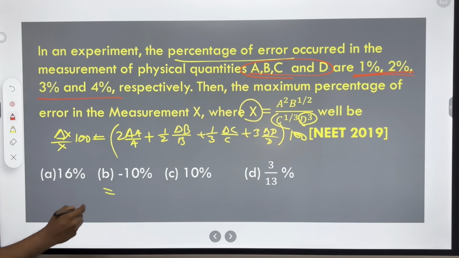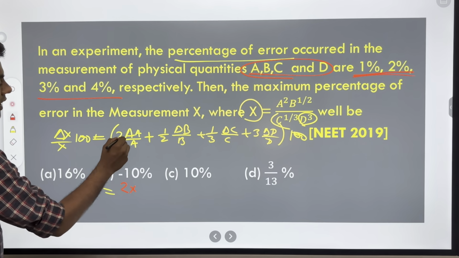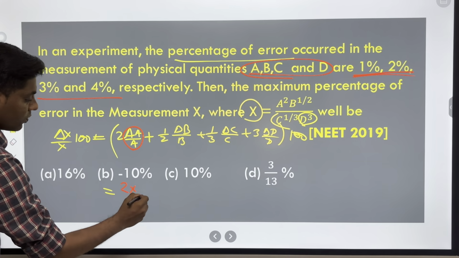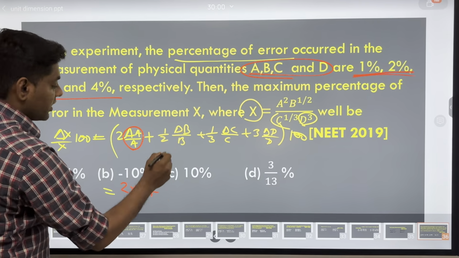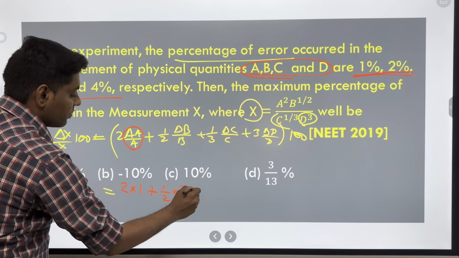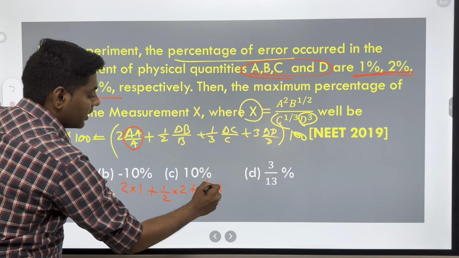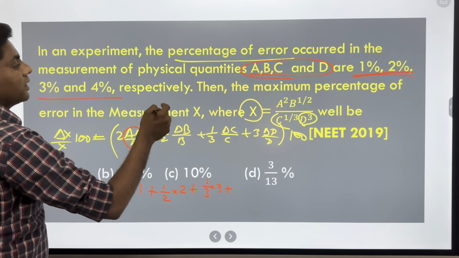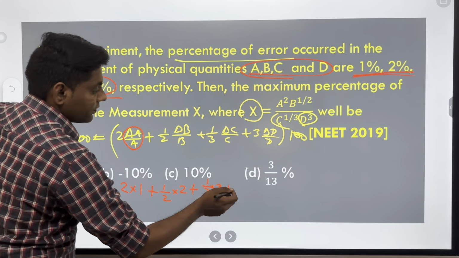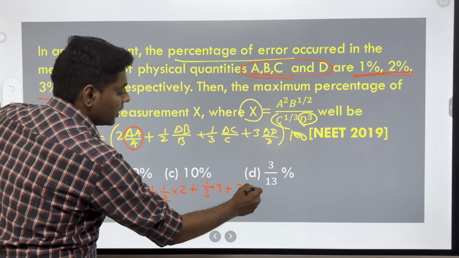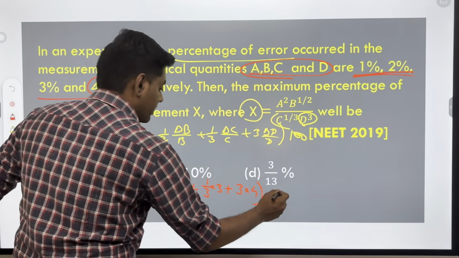So put the values from here: 2 into 1 for delta A, 1 by 2 into 2 for delta B, 1 by 3 into 3 for delta C, and for D, 3 into 4. What do we get as the final answer?